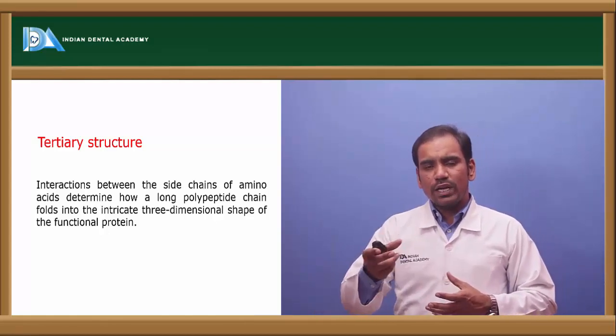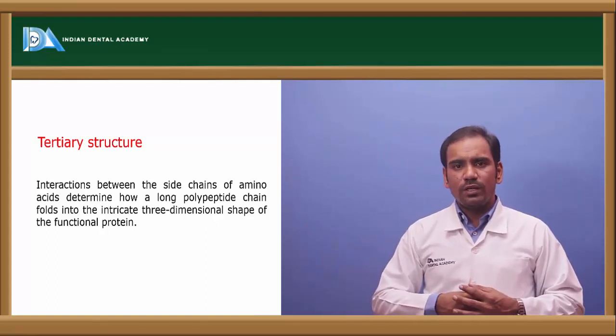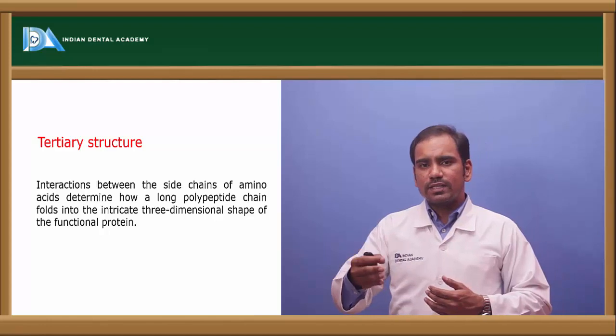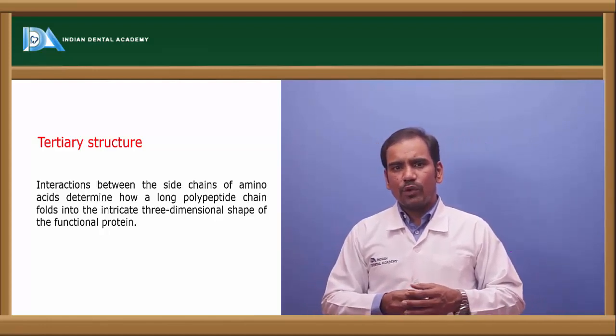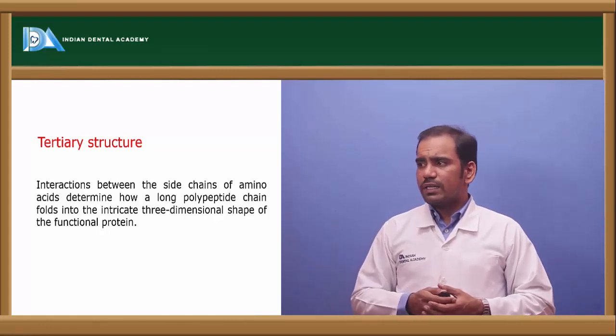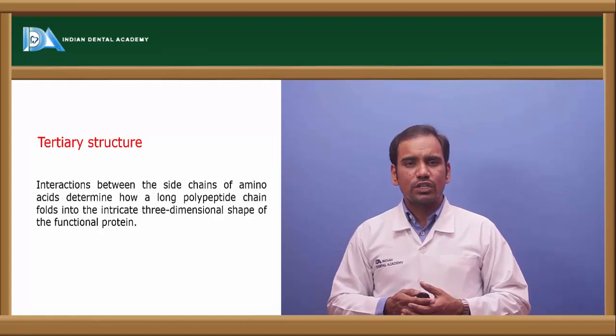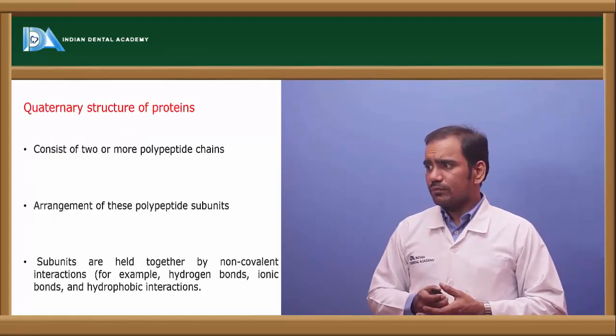If there is any mutation in the amino acid sequence, it affects the tertiary structure of the protein. That is the significance of the sequence of amino acids in a given polypeptide chain. Here you can see hemoglobin and myoglobin as examples of the tertiary structure of protein.